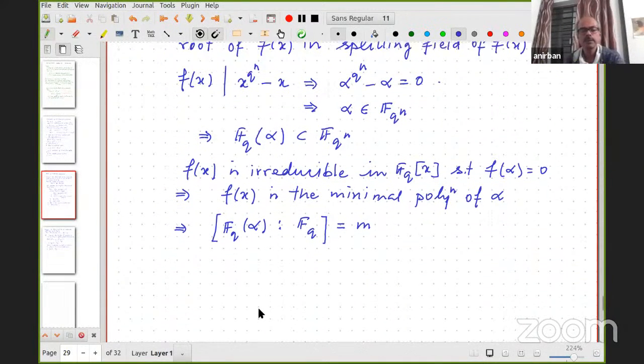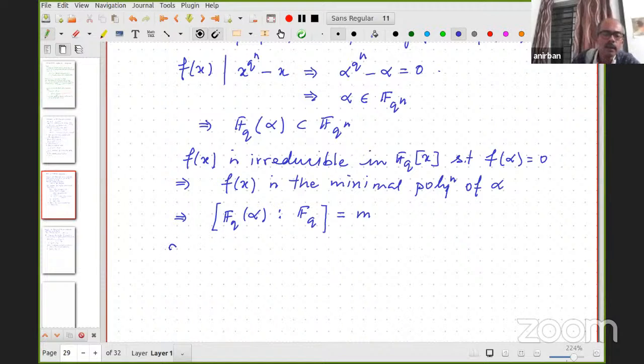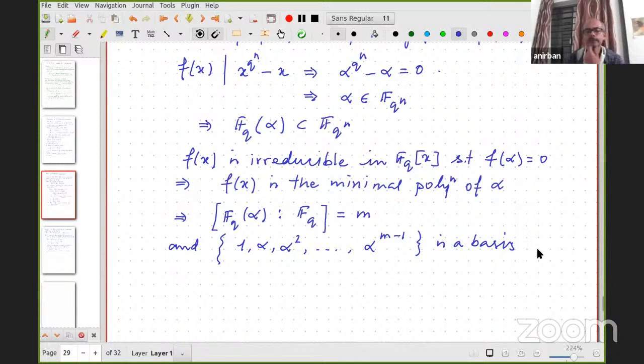A basis would be 1, alpha, alpha squared, and all these powers up to alpha to the m minus 1. That is a basis of F_q(alpha) over F_q.